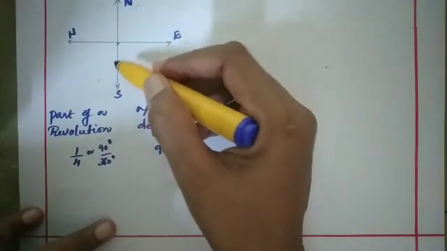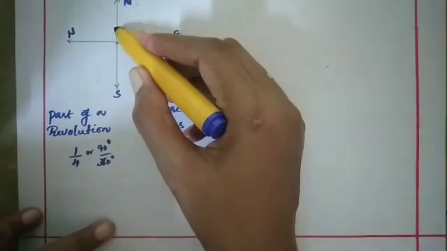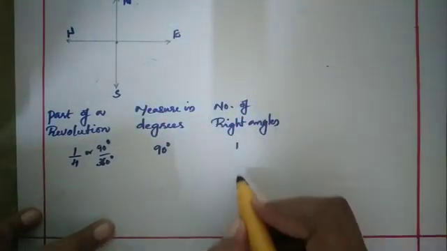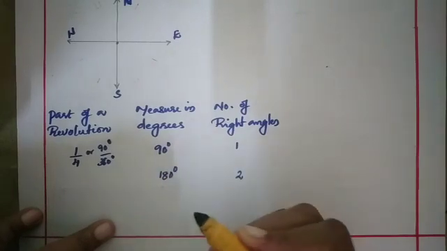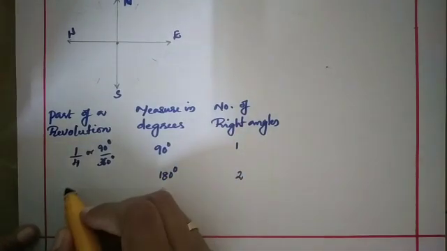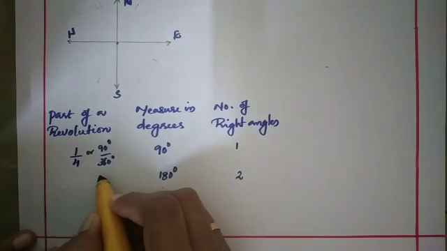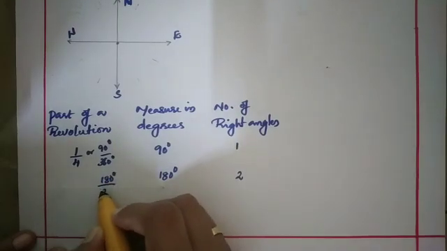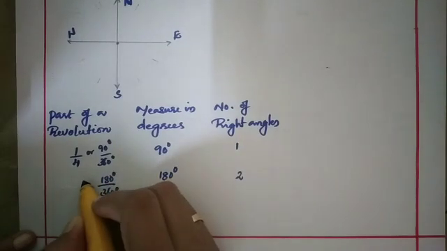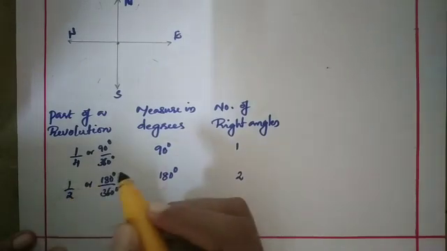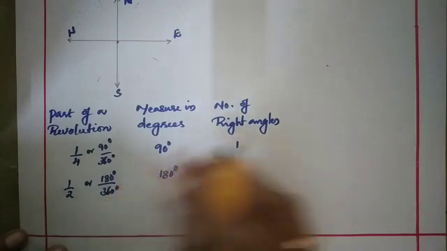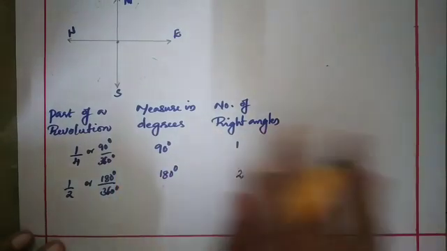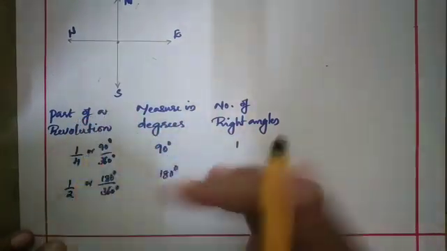Straight angle means how many right angles do you cover? 1, 2, two right angles, and 180 degrees. Then here it is 180 degrees by 360 degrees, or you can write 1/2. This is the fraction part of a revolution.